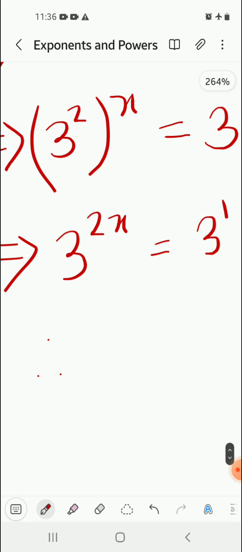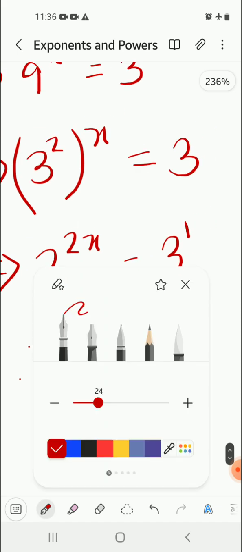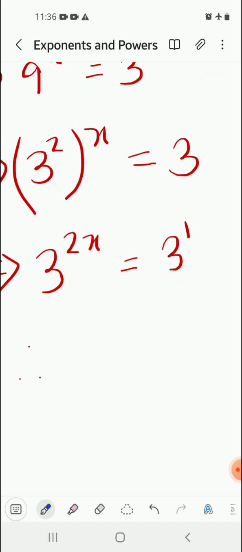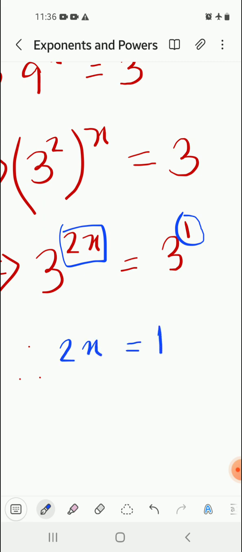We have the same base 3 on both sides; the only thing that differs is 2x and 1. So 2x is equal to 1. Therefore x is equal to, 2x means 2 into x, so bring it to the other side and it becomes divided by 2. So x is equal to half is what we will get.